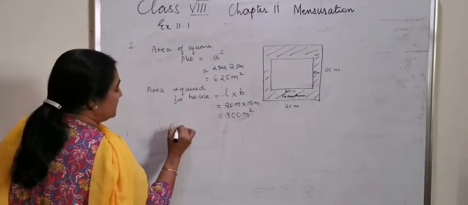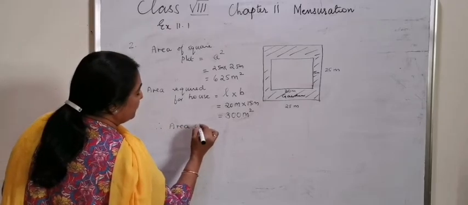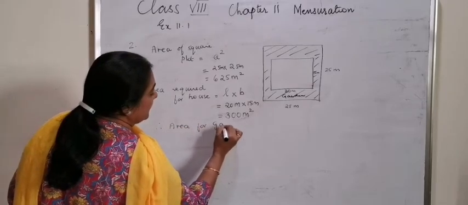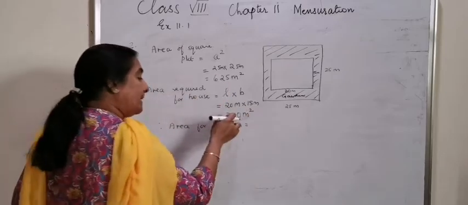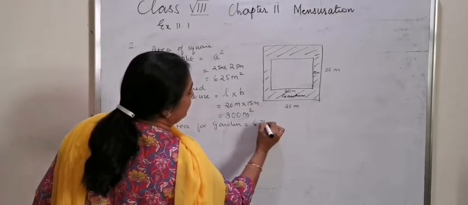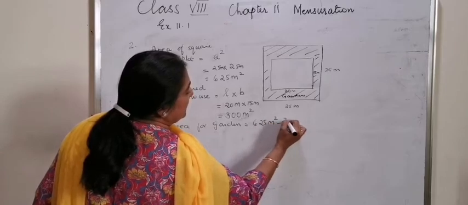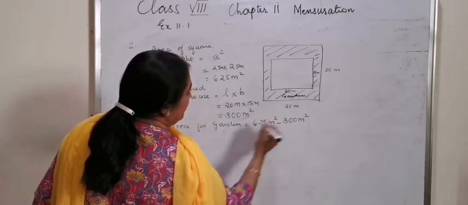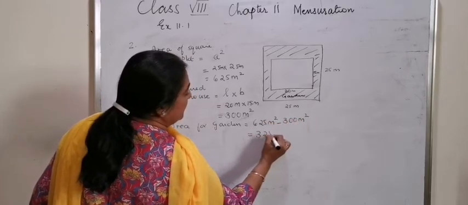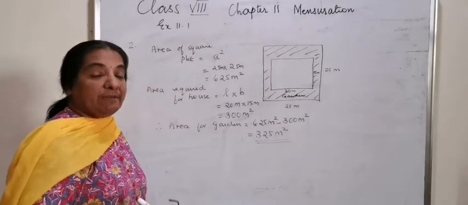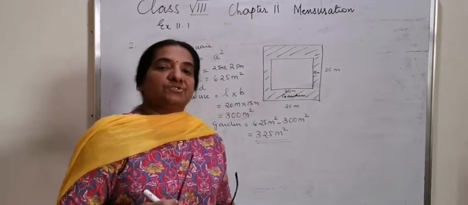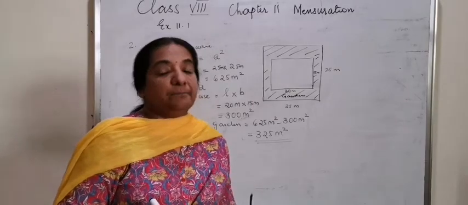Therefore, what is the area for garden? The area for garden is 625 minus 300 meter square, which is the same as 325 meter square. And now for developing the garden, the cost is rupees 55 per meter square.